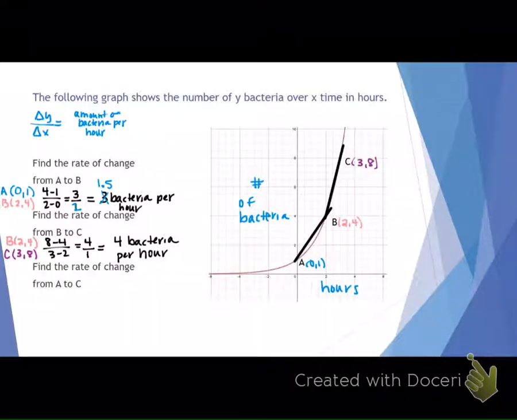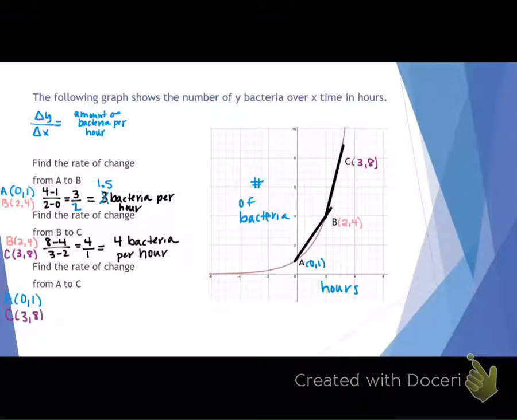Does it make sense that it's a higher number here than here based on our slope of these 2 lines? Yeah, the slopes of those 2 lines, the 4 is steeper than that 1.5, which makes sense, okay? So from A to C, A is at 0, 1, and C is at 3, 8.